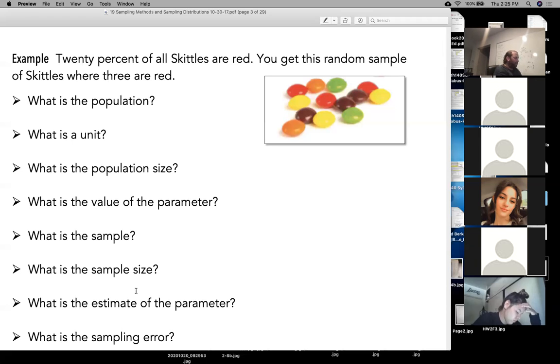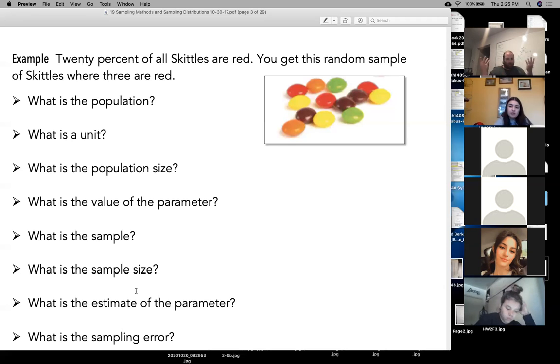How would I calculate that? 3 divided by 13. That's the percentage of red Skittles in my sample, 3 out of 13. What is that as a decimal? 0.23.